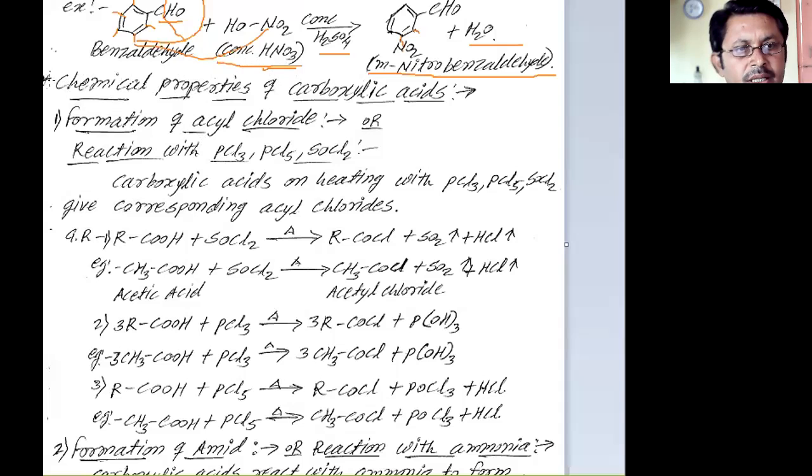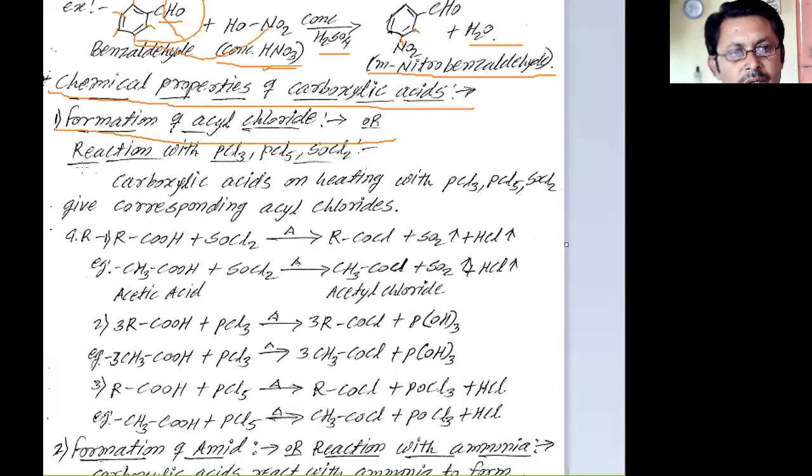Next, the last topic of that chapter is the chemical properties of carboxylic acids. In this chapter, only the reactions are very important, so you need to practice the reactions. How to practice the reactions?